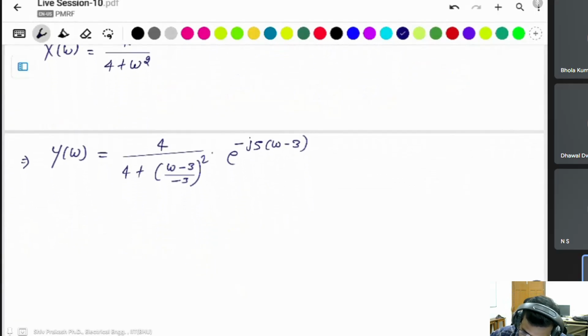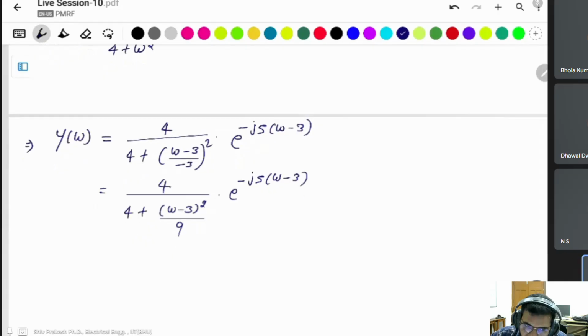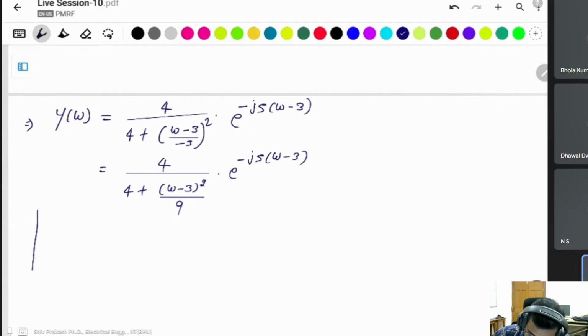This will be 4 divided by 4 plus (omega minus 3) square divided by 3 into 3, which is 9, since the square of minus 3 is positive 9, into e to the power of minus j 5 (omega minus 3). Then what is the magnitude of this one?